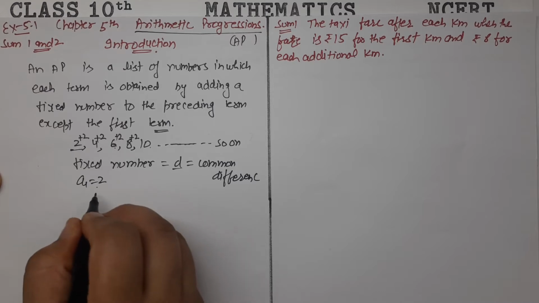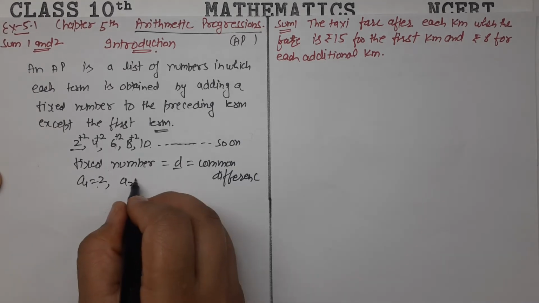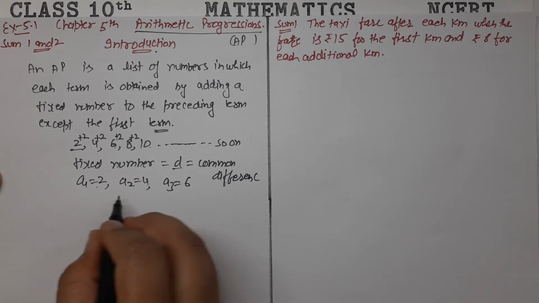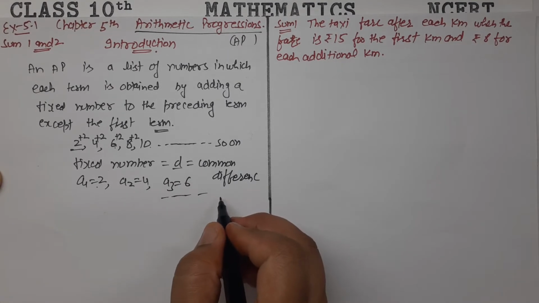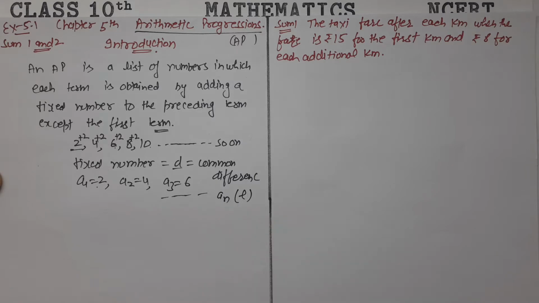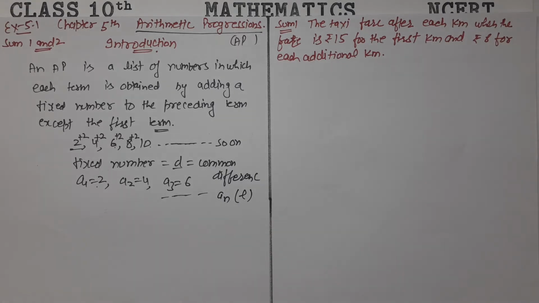A1 is the first term 2, second term A2 is 4, third term A3 is 6 and so on, or the last term we can say AN, or we can write it as L also.